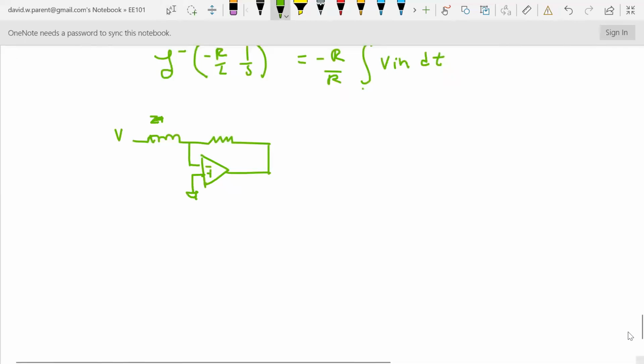Well, we don't give you anything. So I look at this, and I just don't know what to do with it because what? VL equals L di dt. How do I turn that into a resistance, right? It's a differential equation, right? Okay, well, let's figure it out.